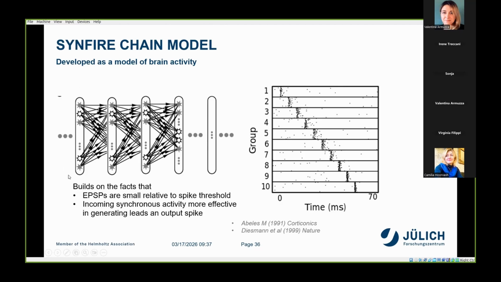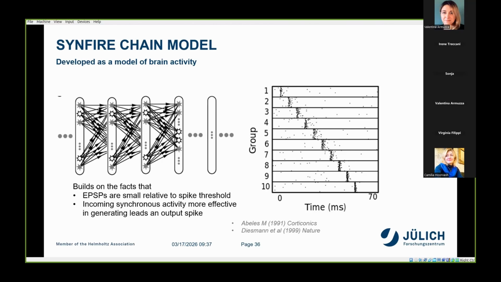So what I want to say is, if you elicit a strong pulse at the beginning, then what happens is that there is a package of synchronous spiking propagating through the network. Even if you dilute this connectivity and it's not all-to-all, this is a very strong phenomenon. And the reason is because of this convergence. Because individual neurons, typically also in cortex, have very small EPSPs in contrast to the threshold.